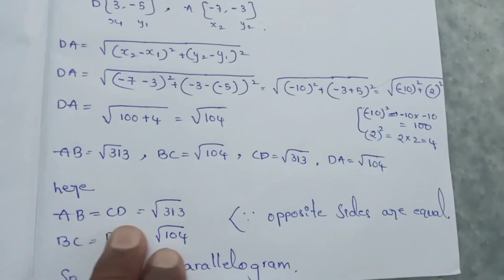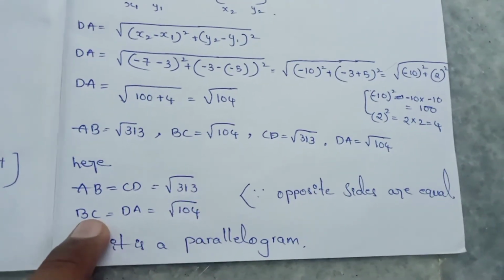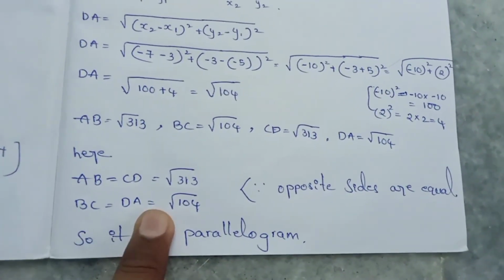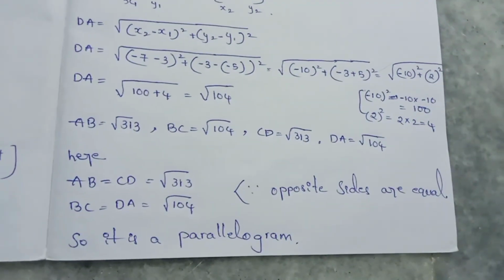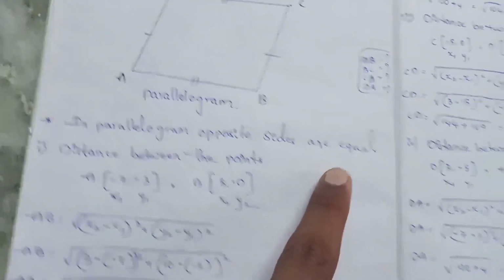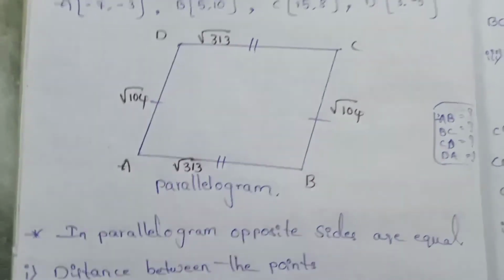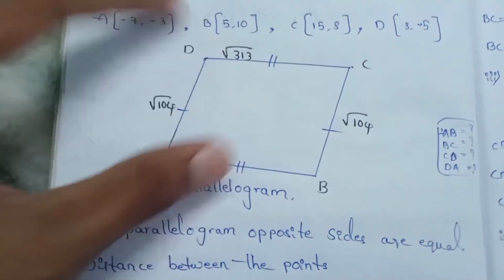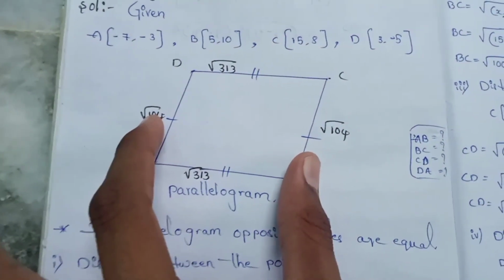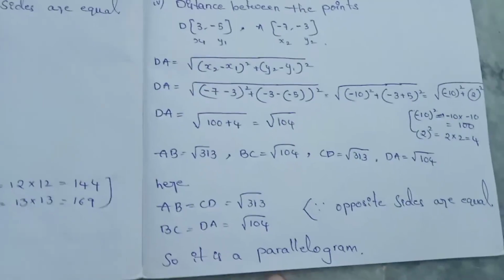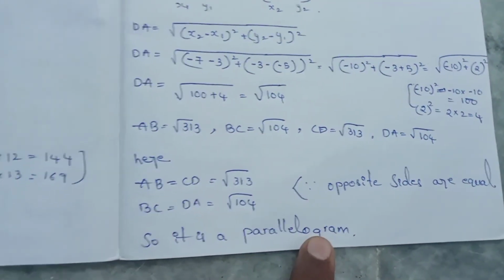AB is equal to CD, root 313, and BC is equal to DA, root 104. I already said that in a parallelogram opposite sides are equal. See here, I have drawn these sides in a parallelogram, observe this. Now observe, these two sides are equal and these two sides are equal. So it is a parallelogram.